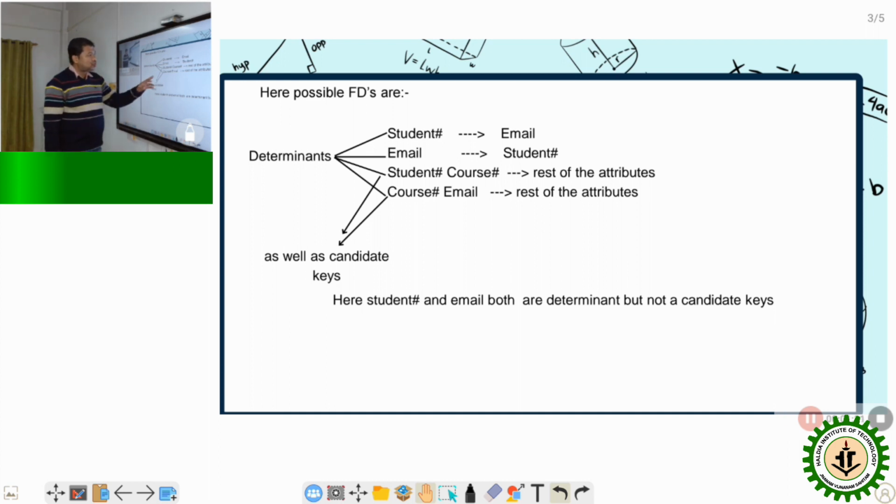Here, student ID and course ID, and also course ID and email ID, are determinants and also candidate keys. But student ID and email ID are determinants but not candidate keys. So this table is not in BCNF, so we have to convert it to BCNF.